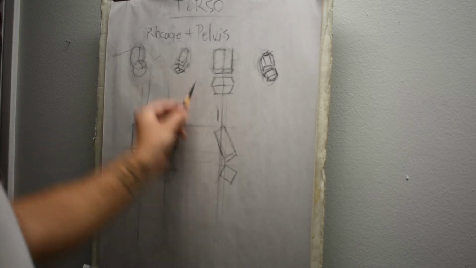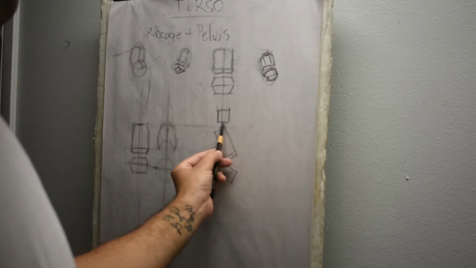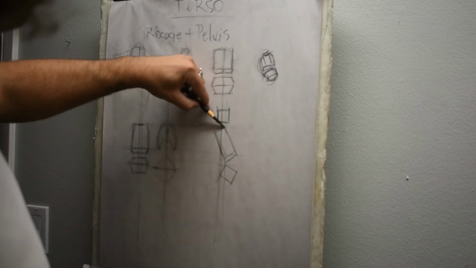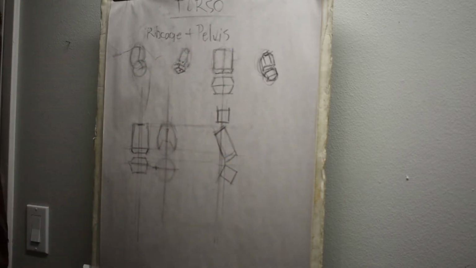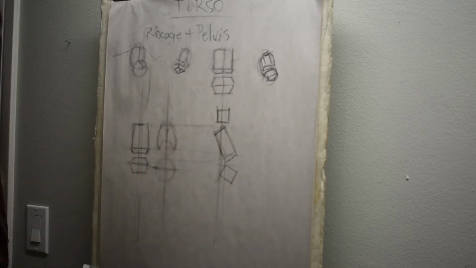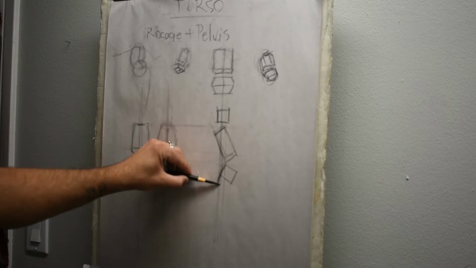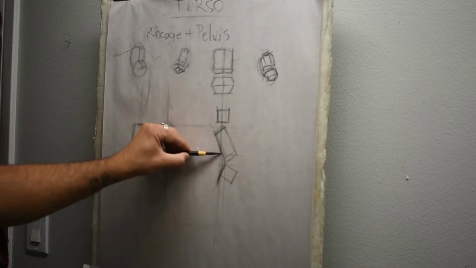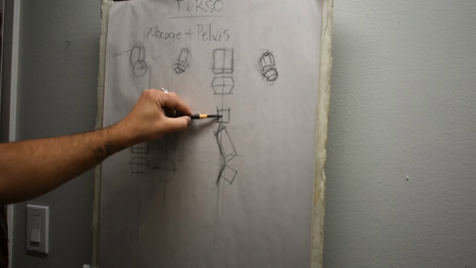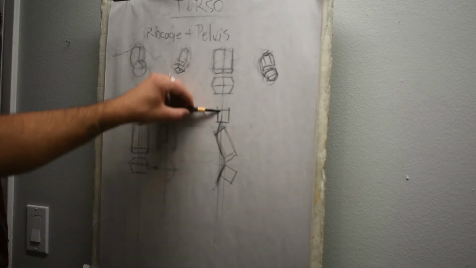And then think about our head here. That's tipped also. So these are all things I'm considering when I'm thinking about the ribcage pelvis, right? Thinking about the spine here, going into the sacrum. There's this curve this way, there's a curve this way. And then back up into the back of the head.